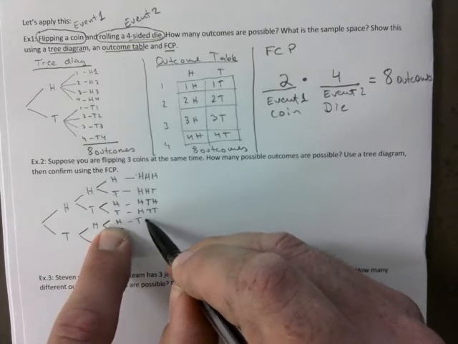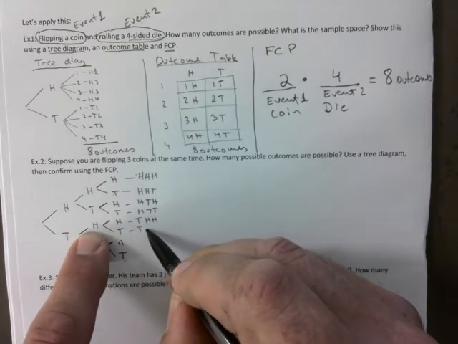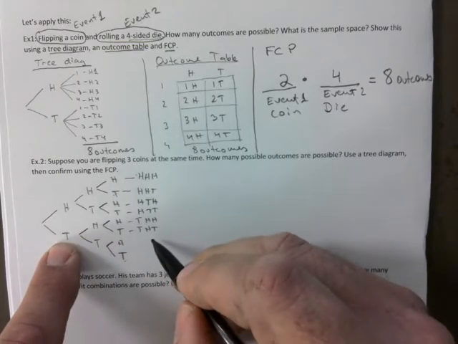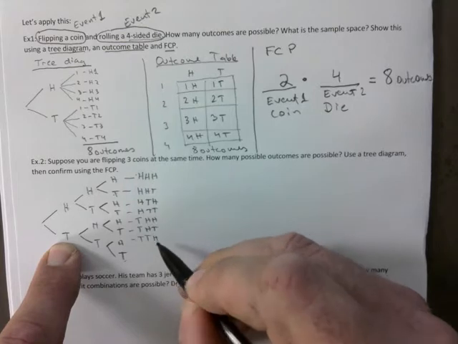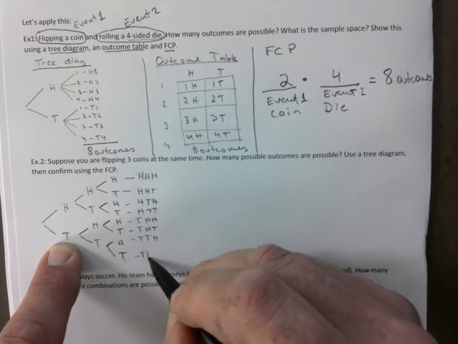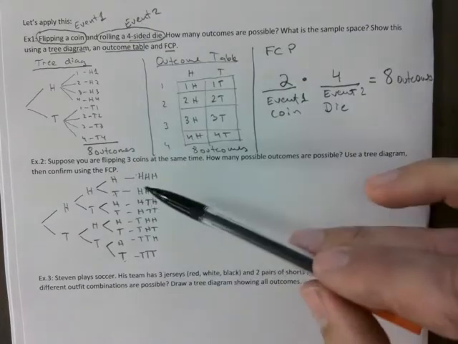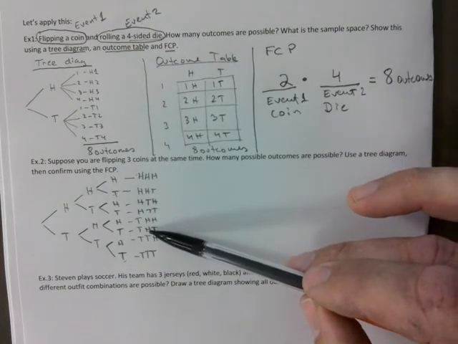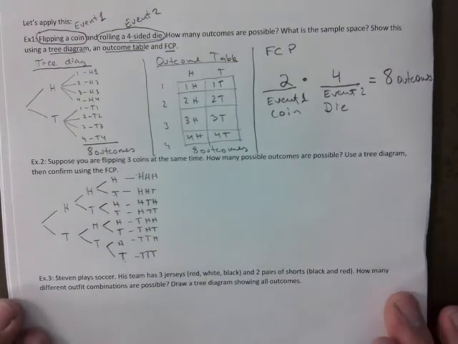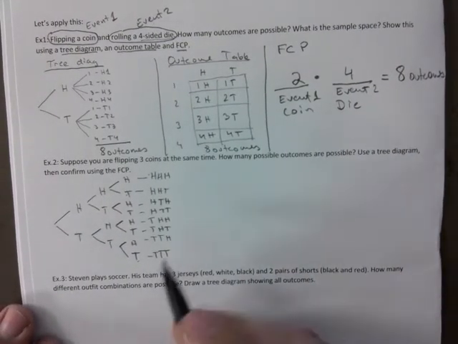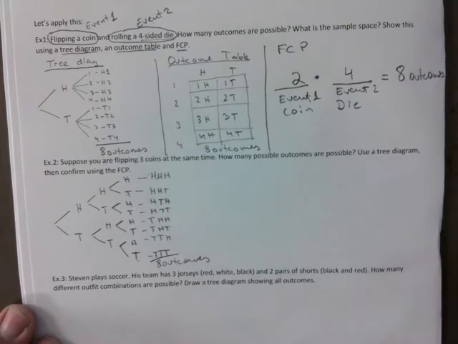Tails, heads, heads, tails, heads, tails, and then here it's tails, tails, heads, and the last one is all tails. Those are your possible outcomes. So I'm just going to check 1, 2, 3, 4, 5, 6, 7, 8. I've got 8 outcomes written out like that, as per the tree diagram.